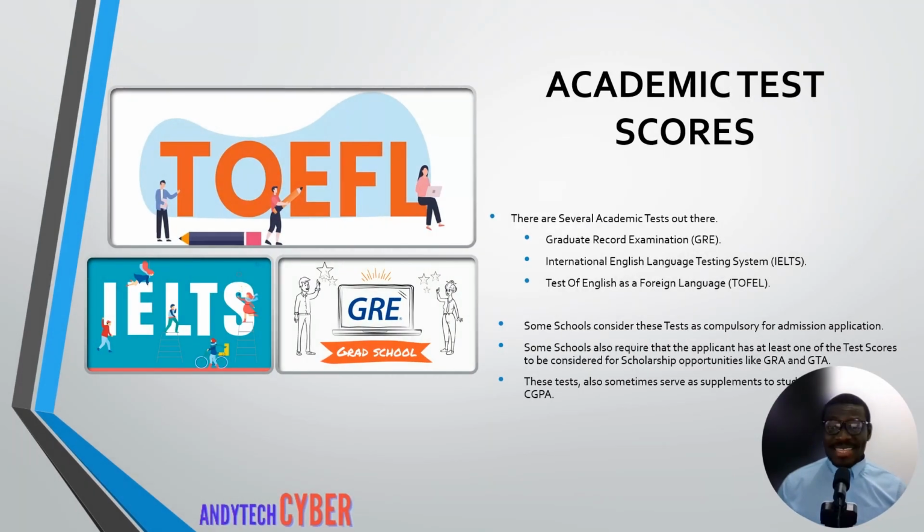Now the academic tests, TOEFL, IELTS, GRE. Man, it's not easy, right? So someone would ask, Andy, do I necessarily have to write any of these? I would tell you no, but mostly it depends on the school, right? And it depends on a lot of factors.